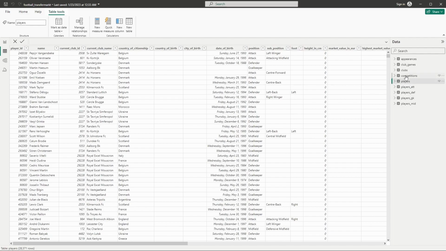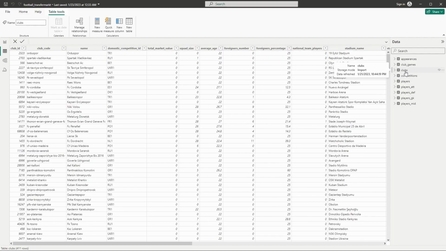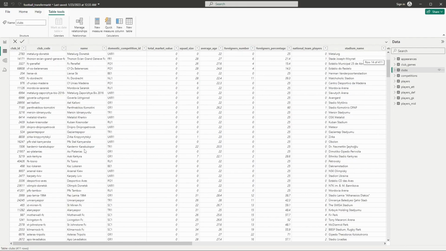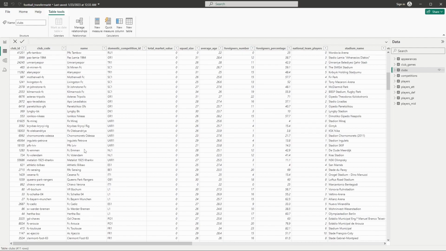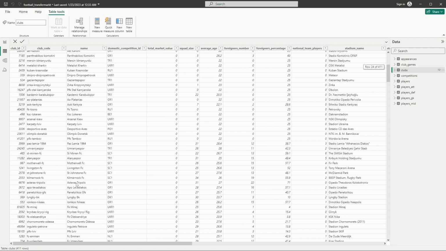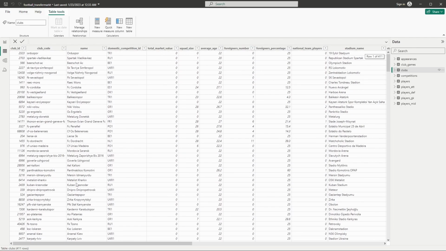Okay, and then we have the club, which is actually the primary table, I believe. So they have their name, all the famous clubs that probably there is somewhere around, you'll find Real Madrid, Paris Saint-Germain, then maybe Barcelona.